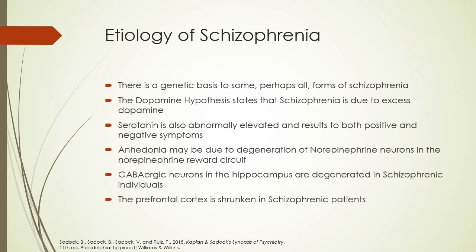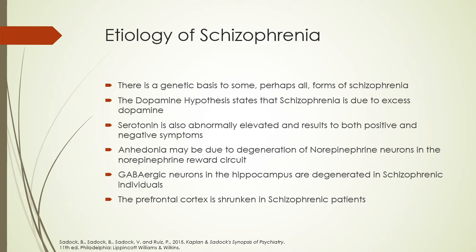So a while ago, I described serotonin syndrome, where there is excess serotonin, and these patients manifest with psychosis. Anhedonia, okay, which is the lack of interest or the lack of perception of pleasure in normally pleasurable activities, can be due to degeneration of norepinephrine neurons in the norepinephrine reward circuit.